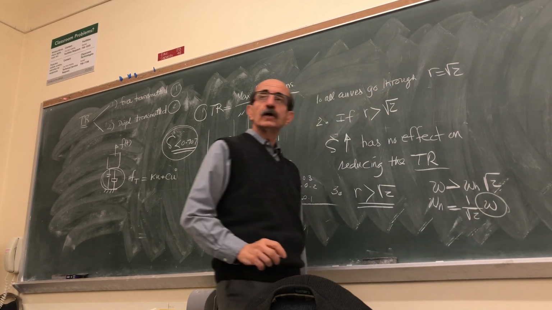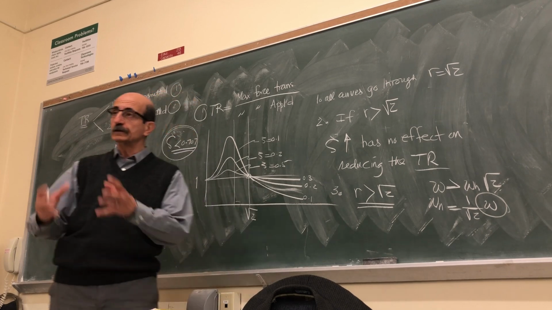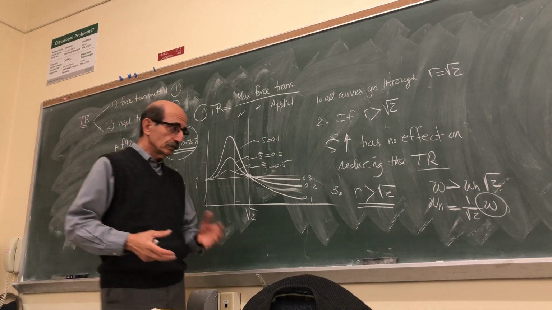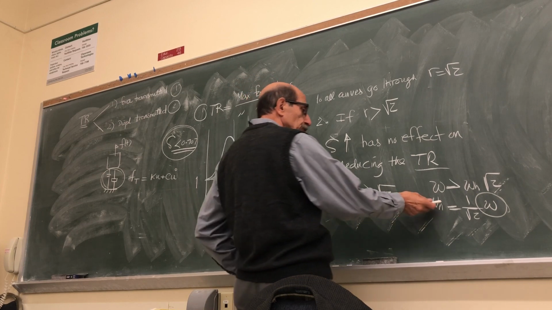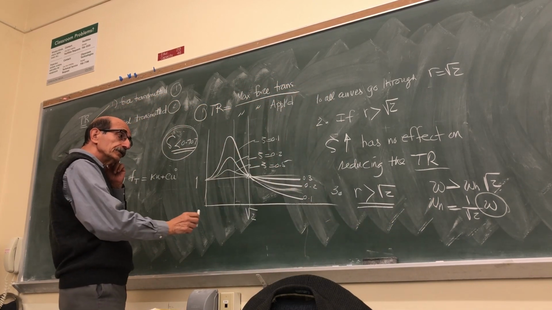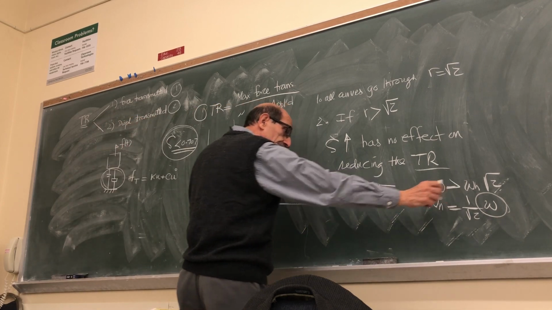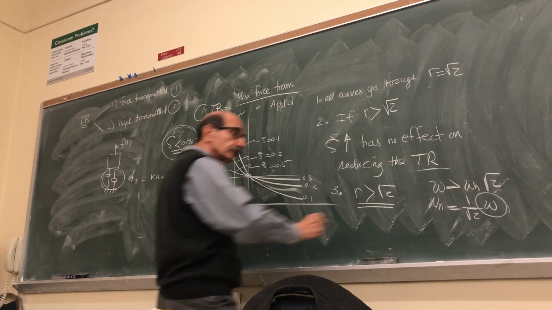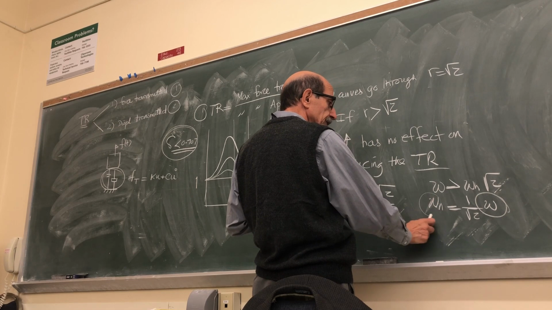If omega is constant for a certain case, right, you want to do what? You want to increase R, right? If you increase R, that means you're reducing this, right?